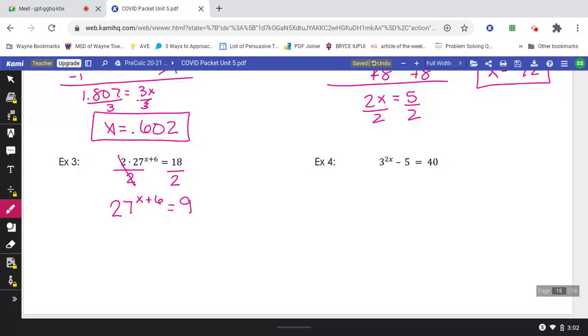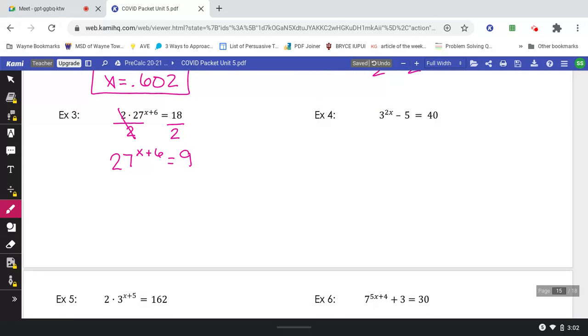That was my step of doing the basic math. Now I can go ahead and get these to be the same base of 3. 27 is 3 to the 3rd. Bring down the exponent that was already there. 9 is written as 3 squared.